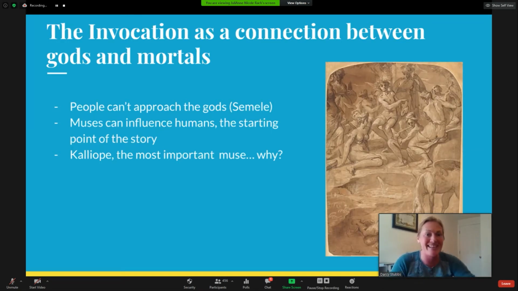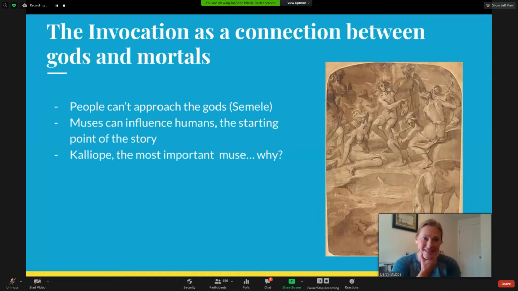That's just crazy, right? So the Muses can help with that. The Muses directly influence humans through art, song, dance. So when we look at the Invocation, it's almost an expression of the power and capability of the gods, just using humans as a medium, right?